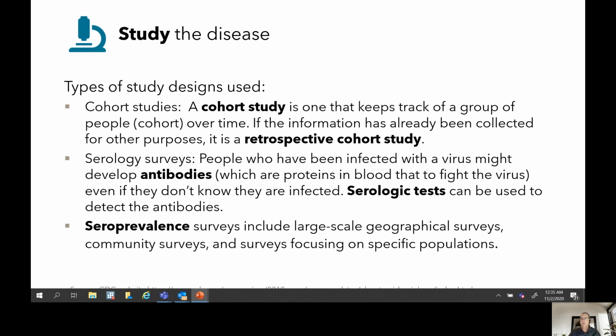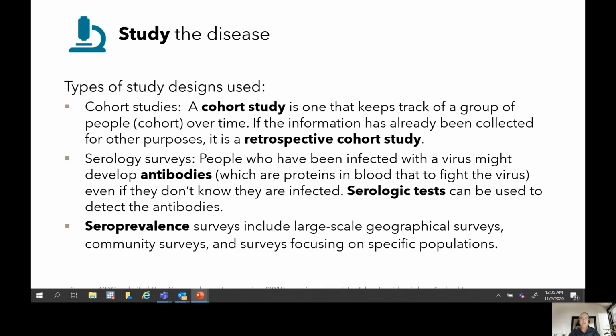And then you also study the disease, and there are different types of study designs that can be used as well. One of them is the cohort design, and that's where you track a group or a subpopulation over time. And if you do so, you can actually get really important information about exposures and outcomes.